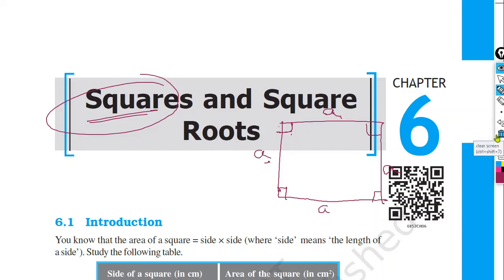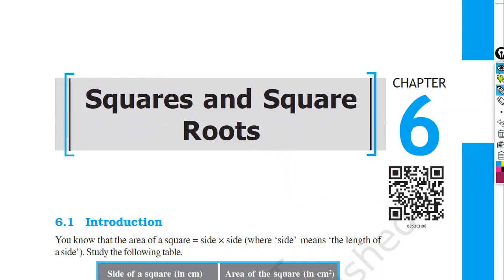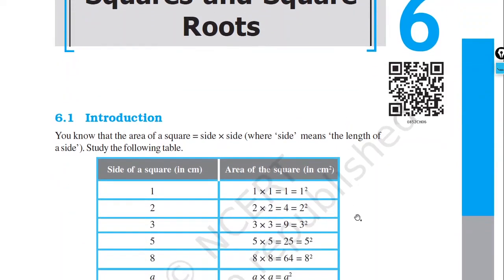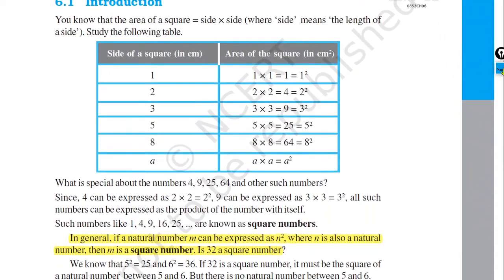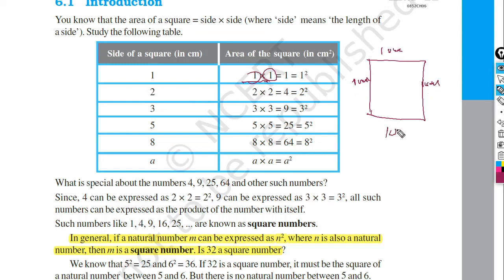Now we know how to find the area of a square. What is the formula to find the area of a square? Suppose the side of a square is 1 unit, then its area will be 1 into 1, which is equal to 1.